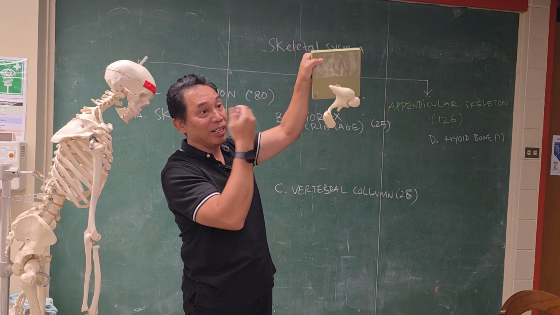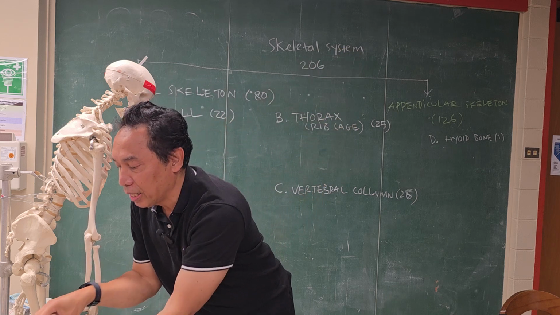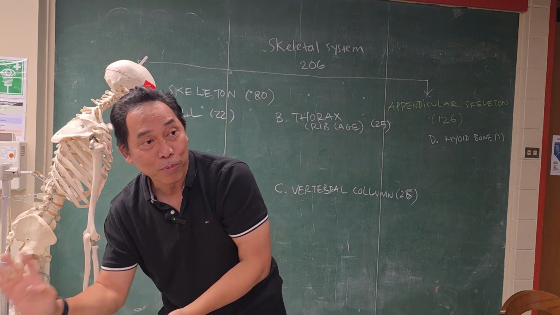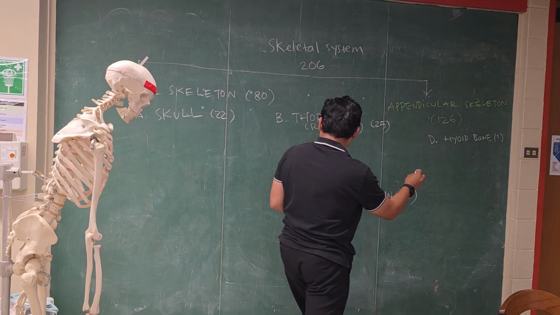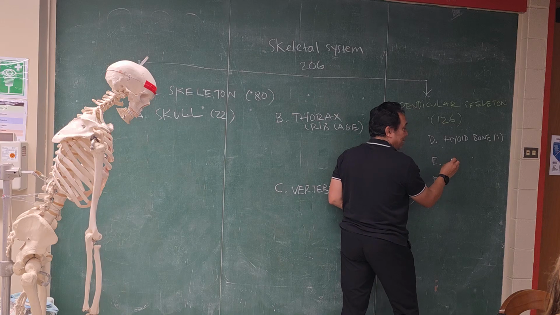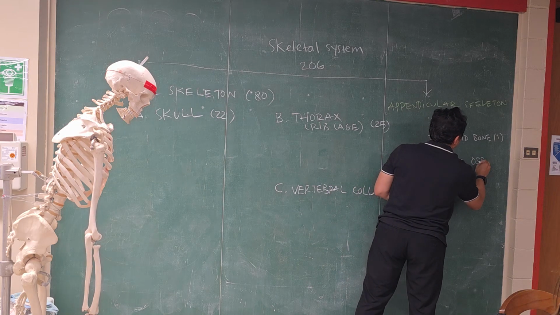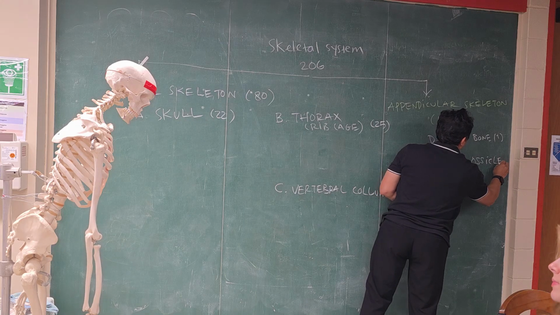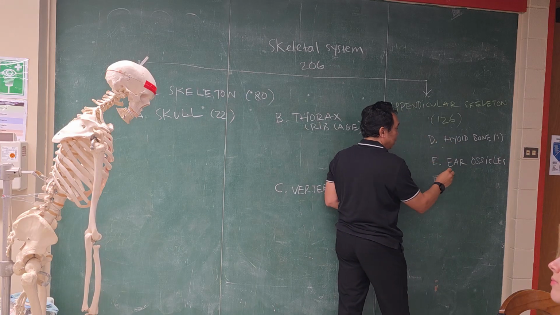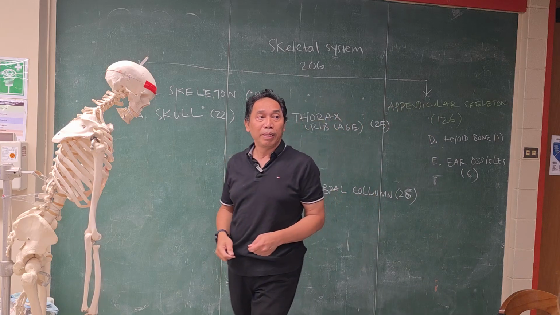And then we have 3 over here, another 3 over here. All of them are called the ear ossicles. We're going to learn those names one by one later. So E over here is called the ear ossicle, the middle ear bones, which has 6 total, 3 plus 3.